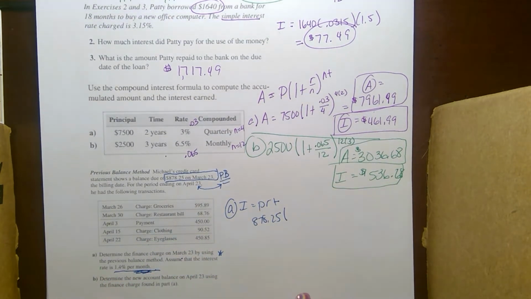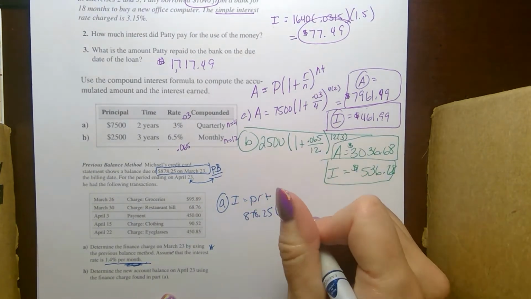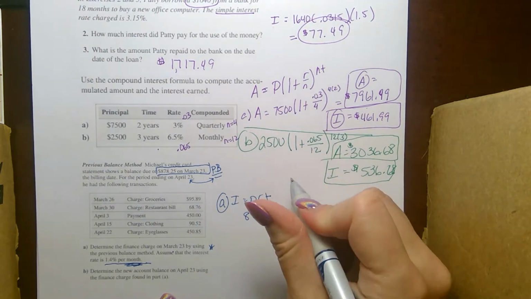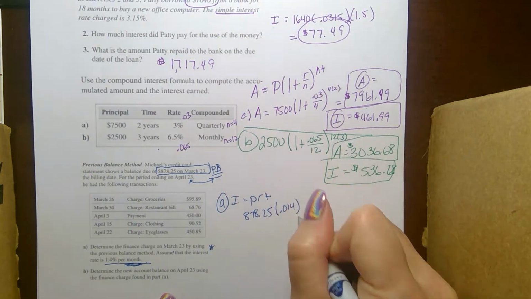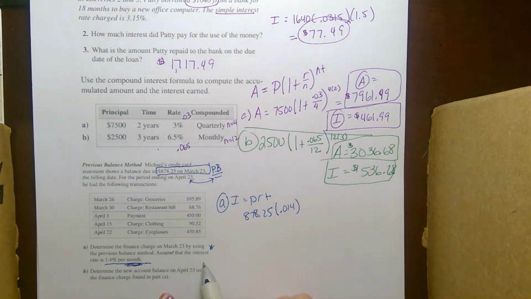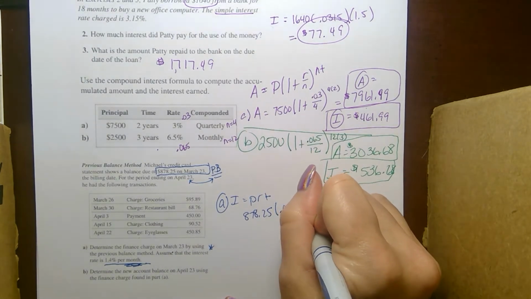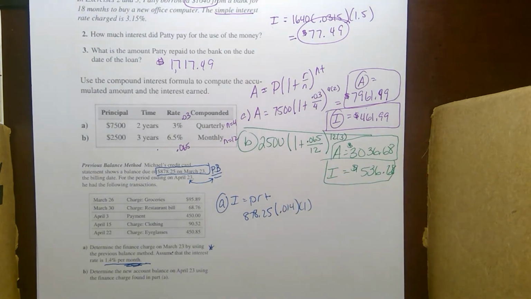It's a monthly rate. That's my key, that my time also has to be in terms of months. 0.014 is my rate. Well, how many months? Just 1 month, because our credit card statement comes every month. Since I have a monthly rate, my time is 1. When I multiply $878.25 times that interest rate, I get $12.30.